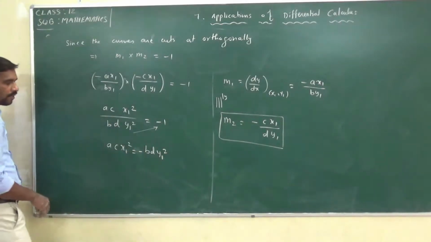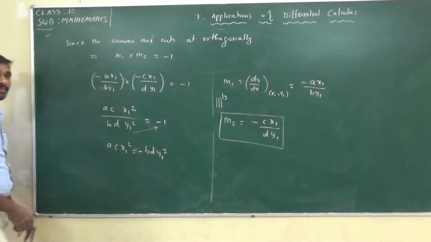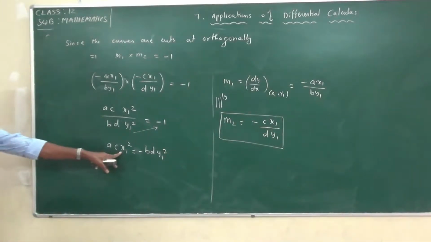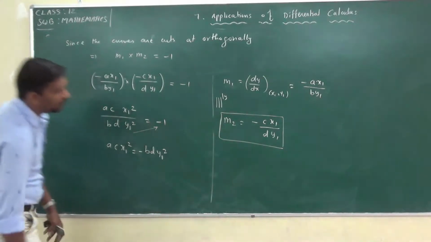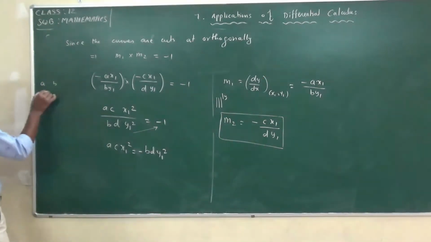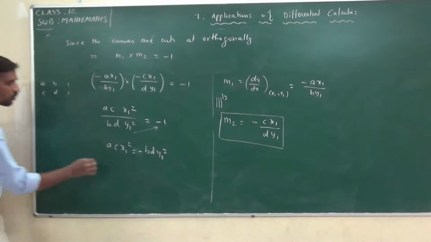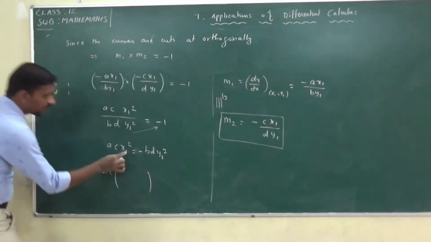So bring it here. Now just substitute the value of x1 square and the value of y1 square, which I have here. So a, b, c, d and 1, 1. What is x1 square?